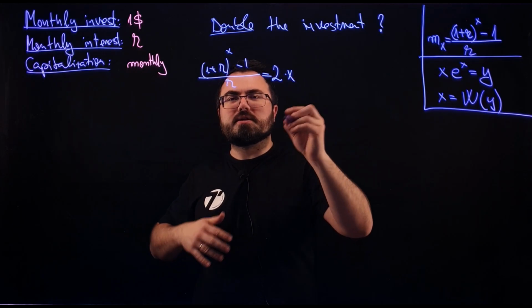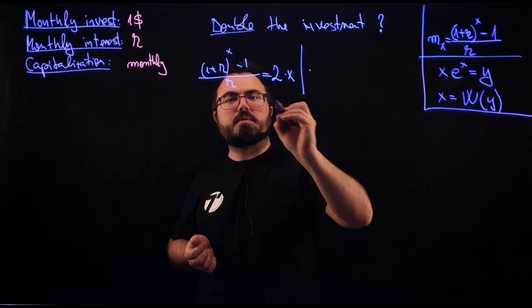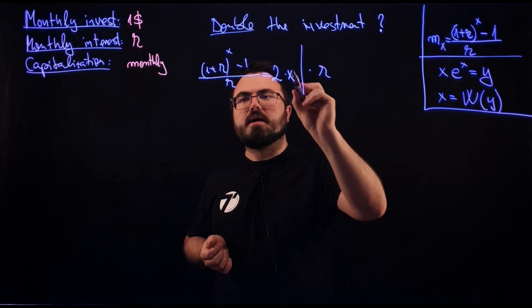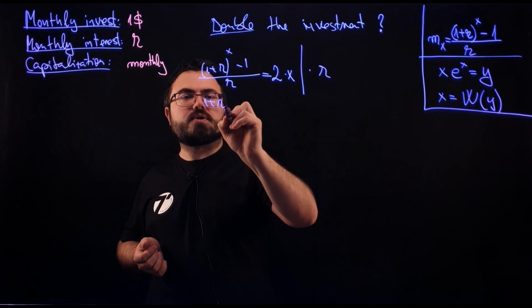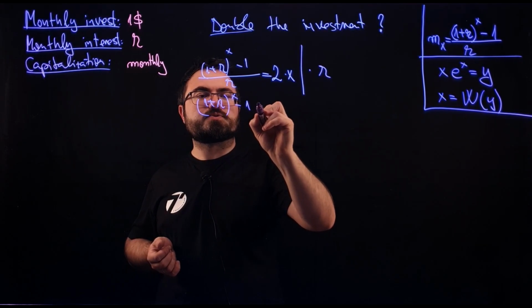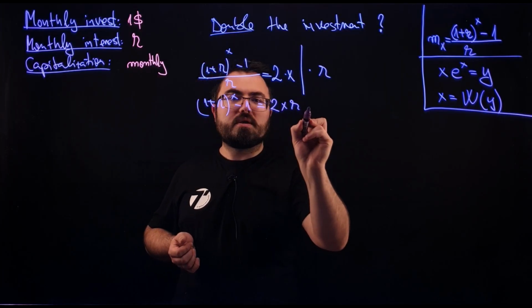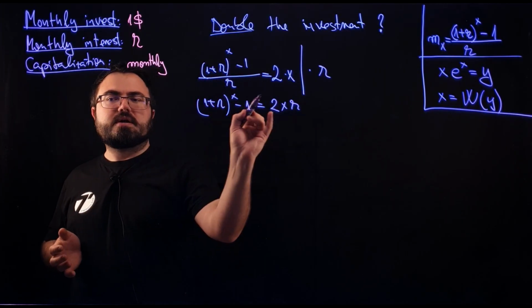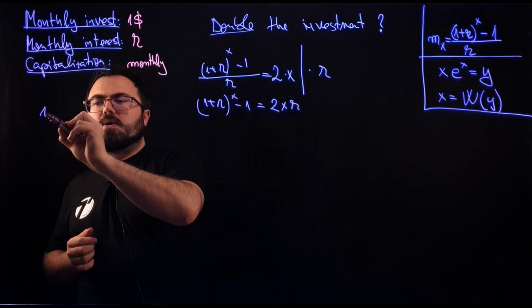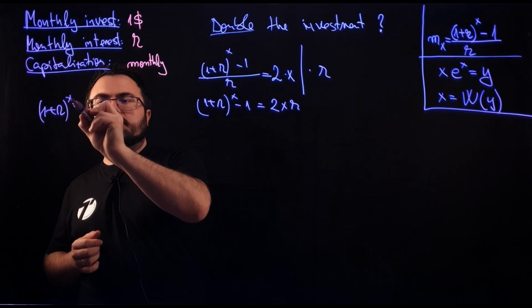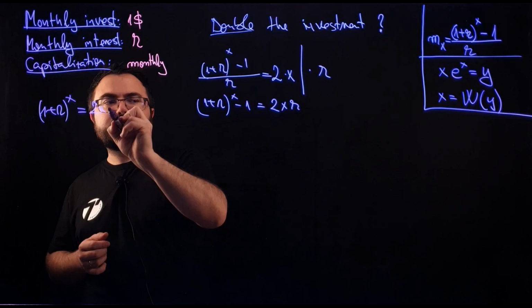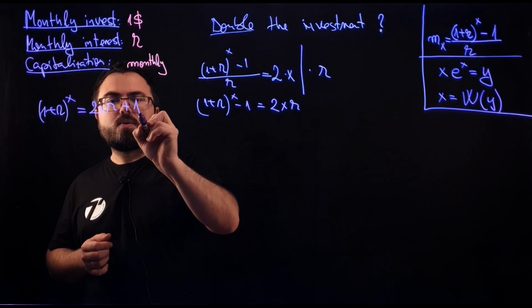So first, let's put the R on the other side, and we get (1 + R)^X - 1 = 2XR. We can put the 1 on the other side, and we have (1 + R)^X = 2XR + 1.